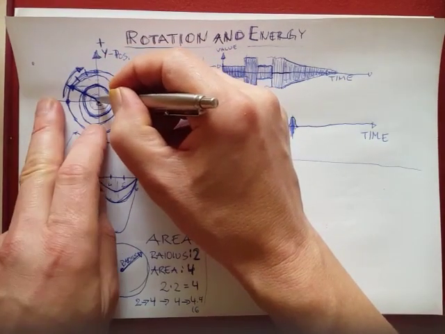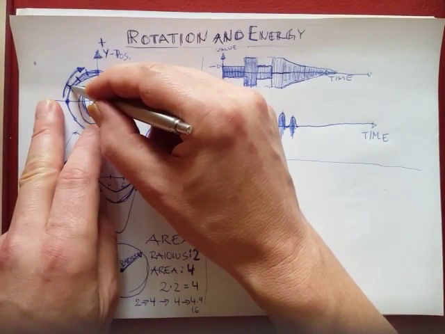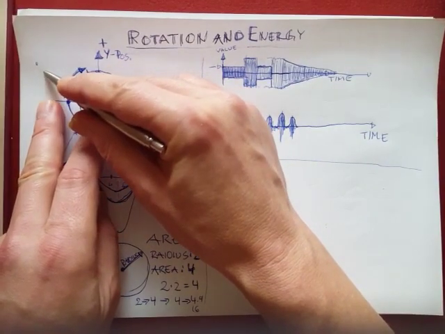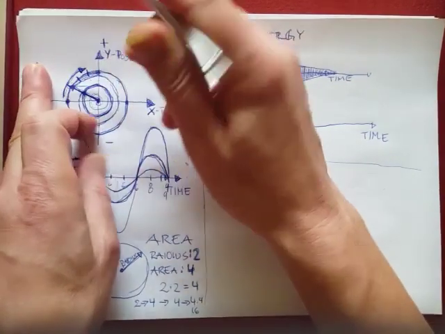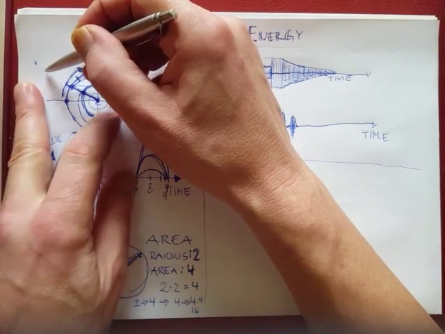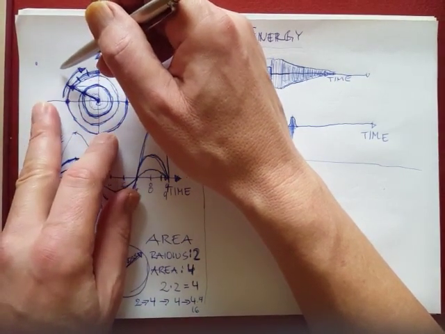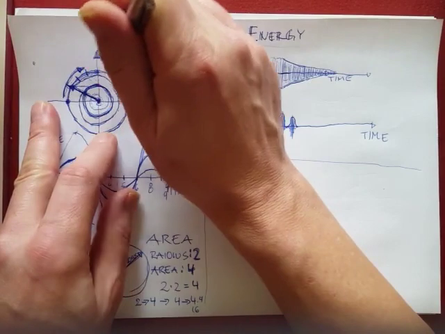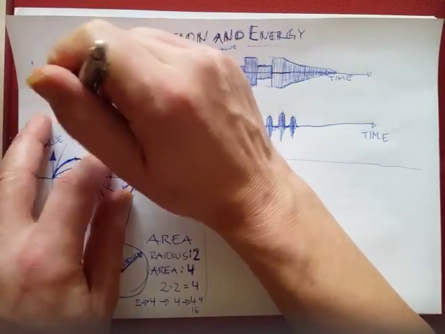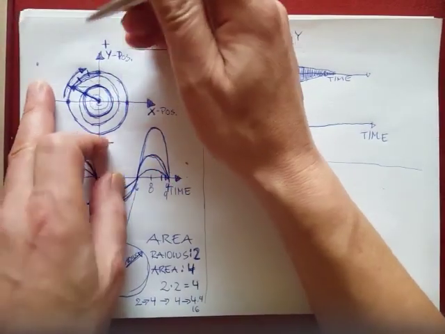So when this handle is growing in length, the rate at which that handle is growing in length is much less than the area the handle is covering.